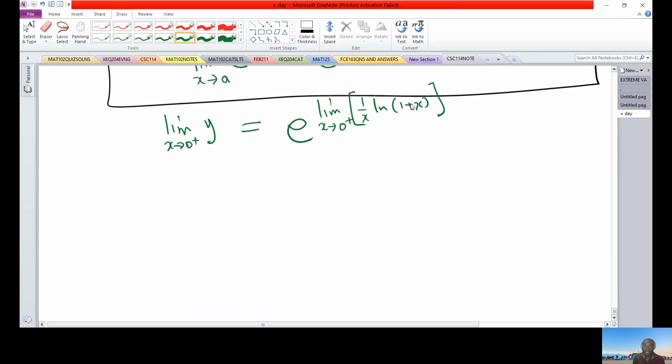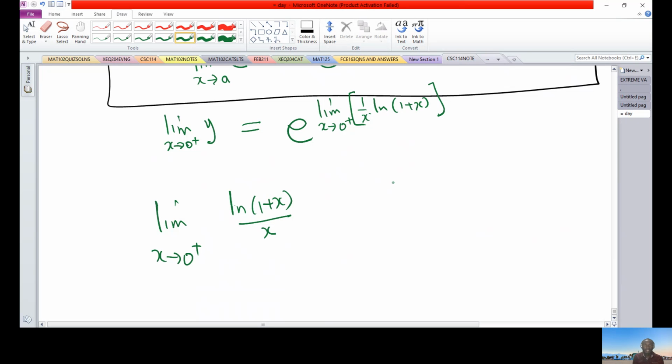So therefore now let's concentrate on this part here. The limit as x approaches 0 from the right of ln of 1 plus x over x. Remember, 1 over x times this is the same as writing it this way.